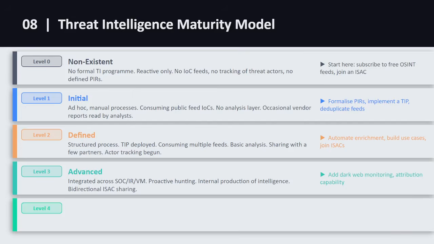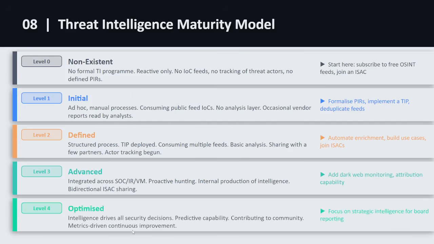So level 4, optimized. You got all the information now, so you will be focusing only on one particular area. Intelligence drives all security decisions, predictive capability, contributing to the community, metrics-driven continuous improvement.